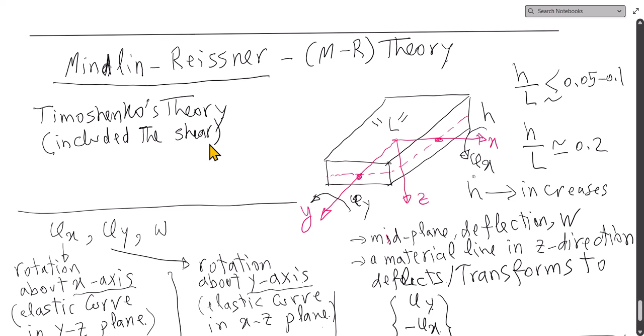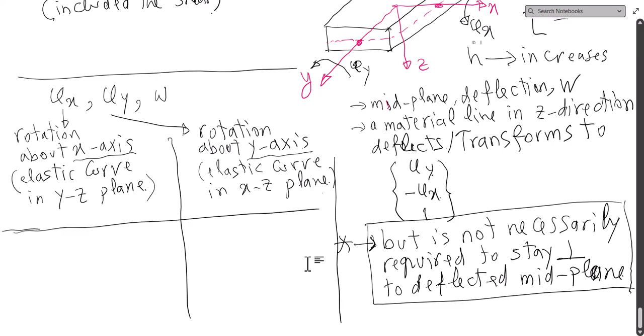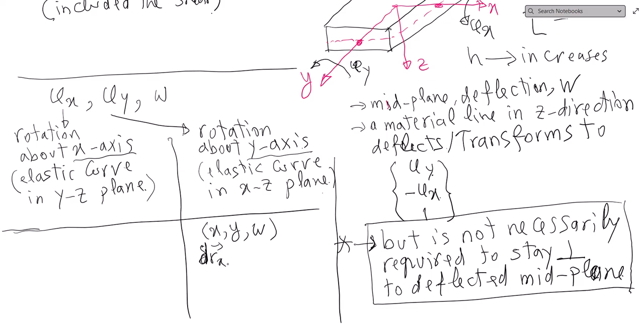Okay, so let's look at phi y. Phi y obviously will create an elastic curve. It will try to bend the plate in the xz plane, and therefore for a material point that we have, say x, y, and w, we need the, say the r x, I call it, which is the derivative of this.